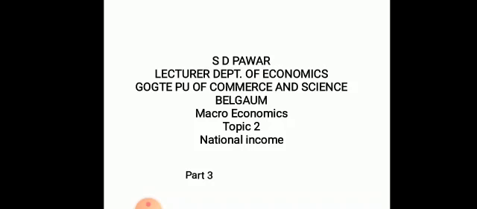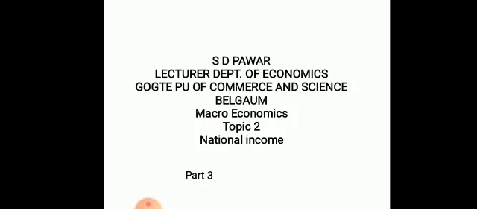Then the expenditure method, where all the households are doing consumption and spending on goods and services. And the third one is the income method, where all the factors of production are receiving the factor payments, factor rewards in the form of rent, wages, interest and profits.